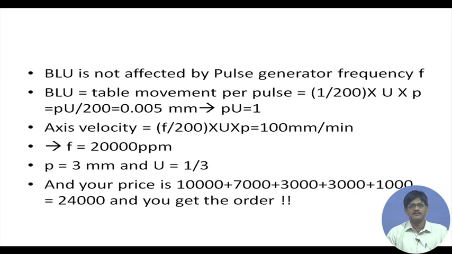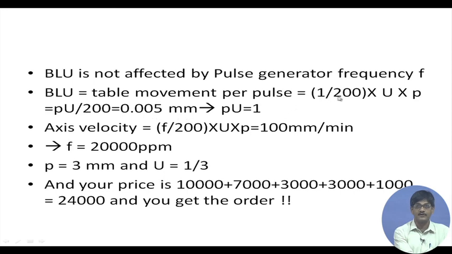Basic length unit is the table movement per pulse and therefore, we have one pulse of movement creating 1/200th of a rotation of the motor shaft, multiplied by u, being the gear ratio, of lead screw rotation, and that is multiplied by p, these many millimeters of table movement. So, this is the table movement per pulse and it should be equal to 0.005 millimeters.